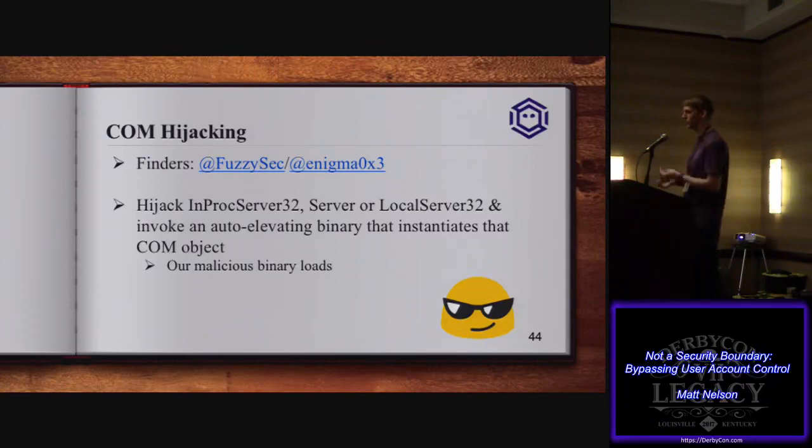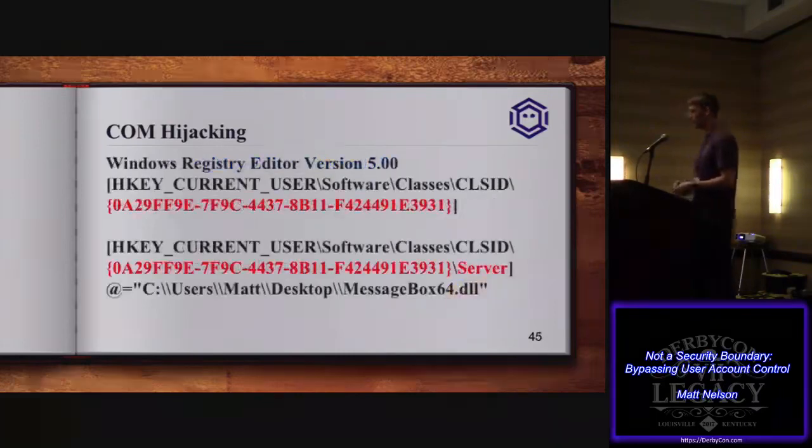So COM hijacking. I'll post these videos afterwards as well. This is kind of an interesting one. Without going on a rant about various COM components and how they're registered, COM servers are registered either in HKLM or HKCU, with keys like InprocServer32 and LocalServer32, and then that's either the DLL or the executable that represents the COM server.